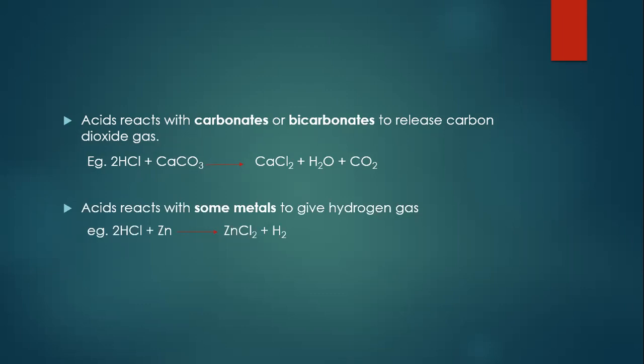So in every way that an acid reacts with metals like zinc, sodium, potassium, they give off a salt, then the hydrogen gas is released. So this is an equation for you to know how this takes place.